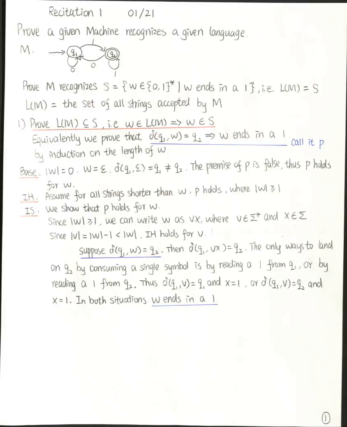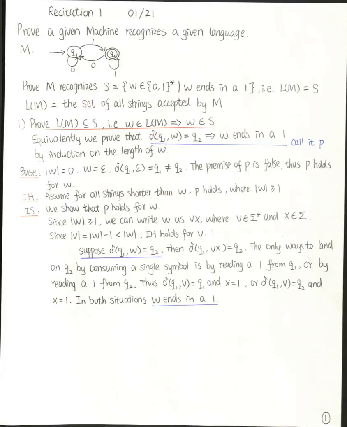In this step, we want to show that this P holds for W. In the hypothesis, we assumed this P holds for all strings shorter than W. Now we want to show that this P holds for a longer string W. In this step, I need to use the hypothesis and analyze the machine to show that this will hold for W. Let's do it.